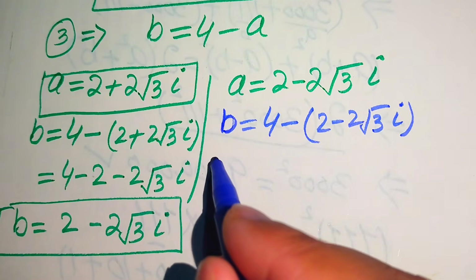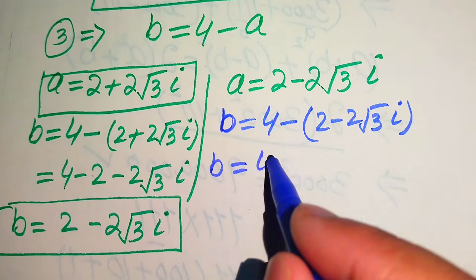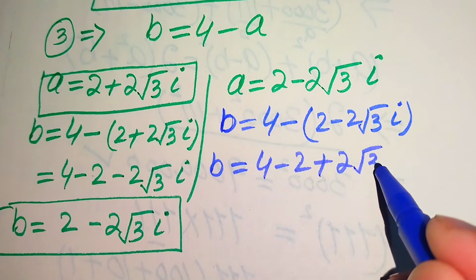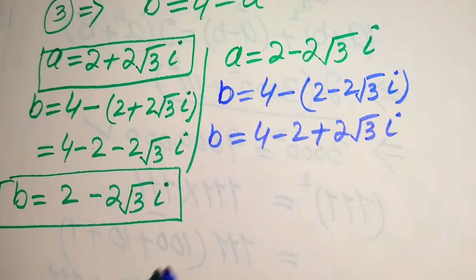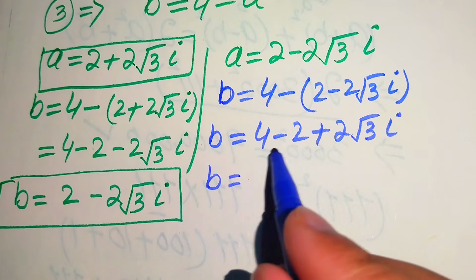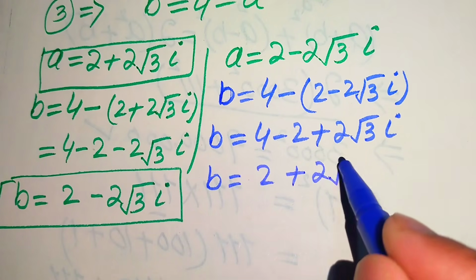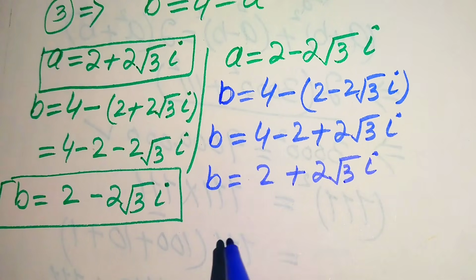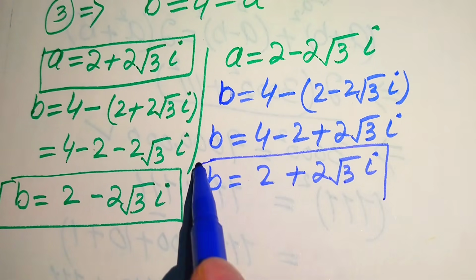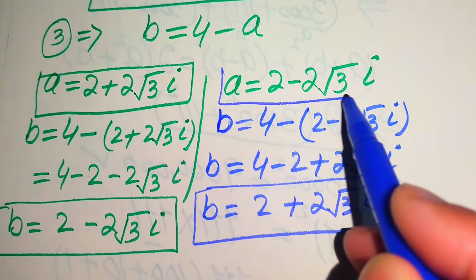So from here we obtain b equals, we multiply this negative sign on each of these values and it becomes minus 2 plus 2 times square root of 3 into iota, and here we again subtract these two values and we get 4 minus 2 becomes 2 plus 2 times square root of 3 into iota. This is the value of b corresponding to the value of a that is this one.